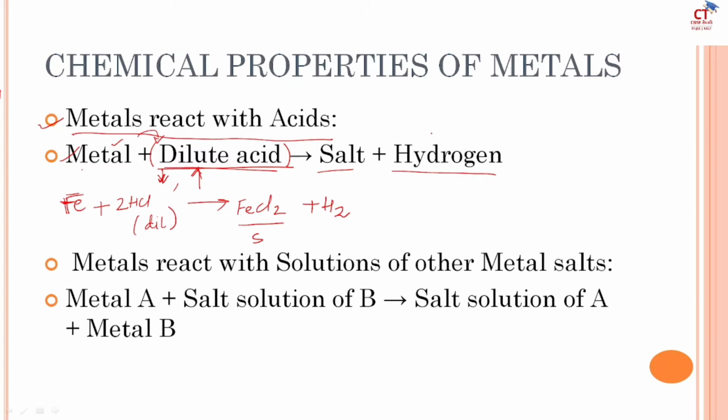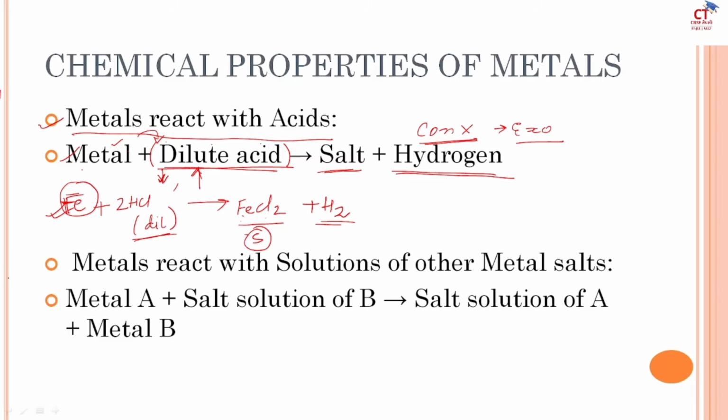So we do not take concentrated acid because the reaction is highly exothermic. So we will not take into consideration concentrated acid. Metals are always reacted with dilute acid to give you salt plus hydrogen. Example will be Fe, that is iron, plus 2HCl, that is in dilute form, will give you FeCl2, that is a salt, and hydrogen.